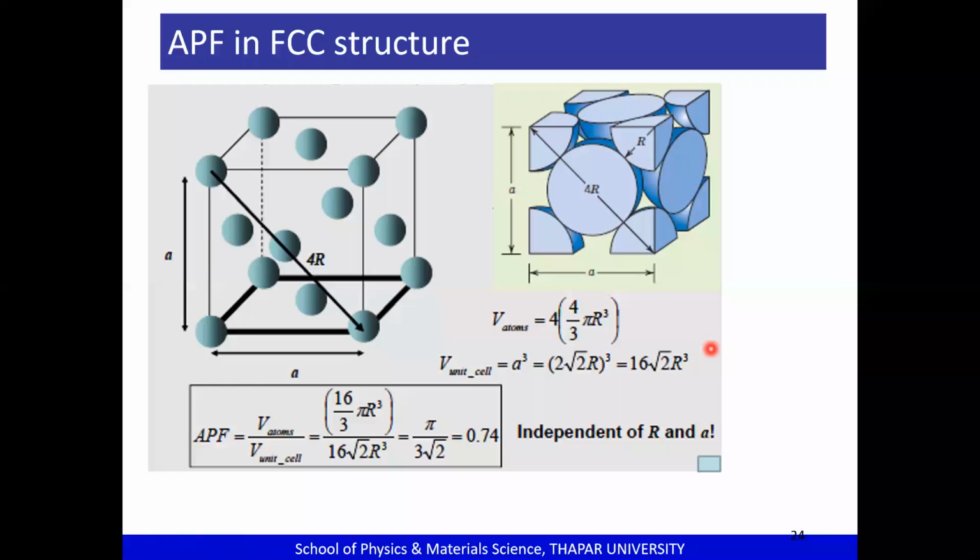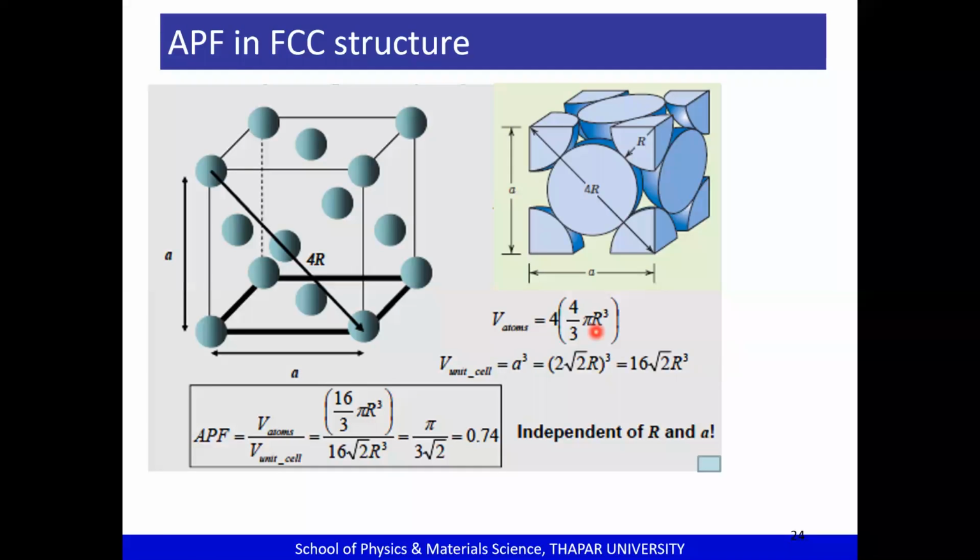Now we can also compute the volume of the atoms. We know there are 4 effective number of atoms. So my volume of the atoms will be 4 times the volume of one atom, which is 4 by 3 pi r cube.